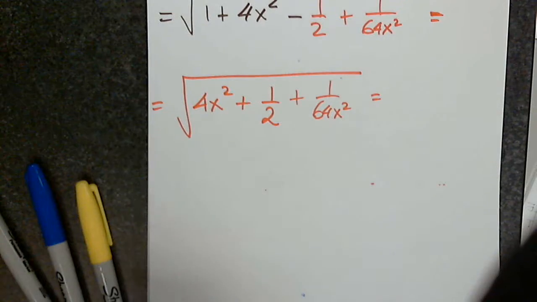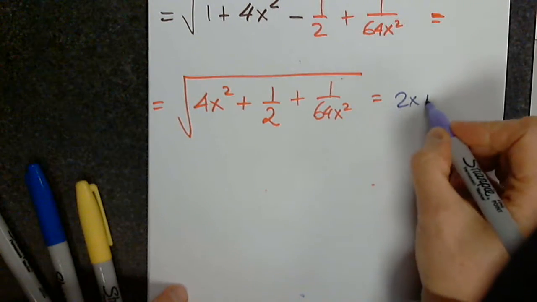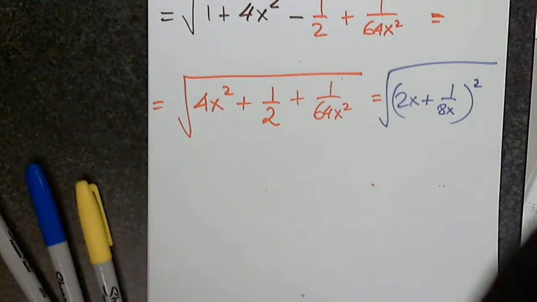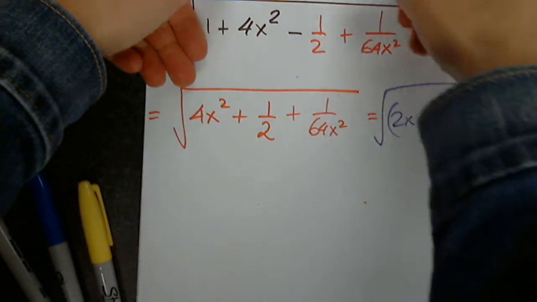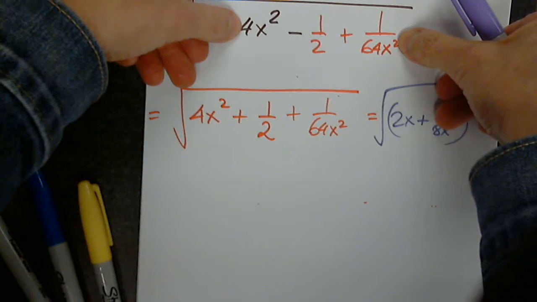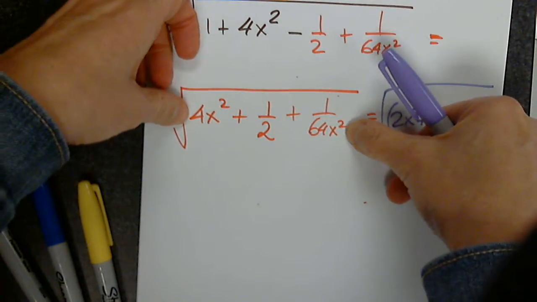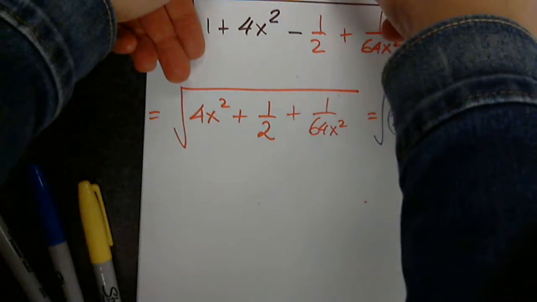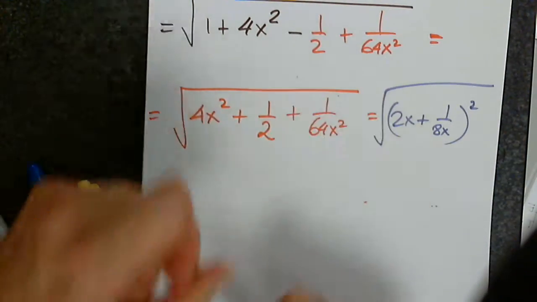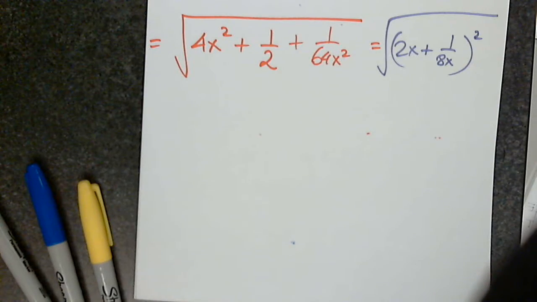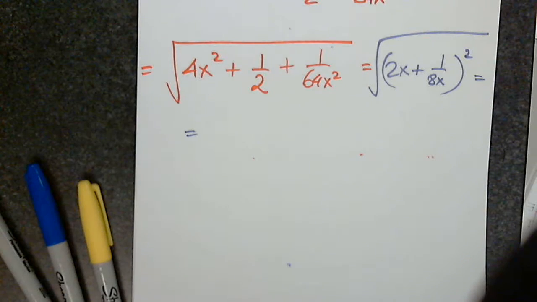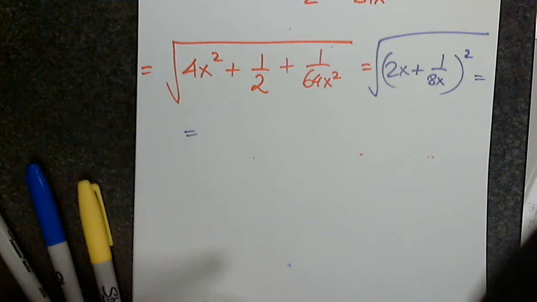Alright, it's 2x plus 1 over 8x. Awesome. Because it's the same thing. Look at this. This is this, but now here I only have plus. It's the same thing, but with plus. Yeah. Awesome. Final answer? Yeah, 2x plus 1 over 8x because of the square root.